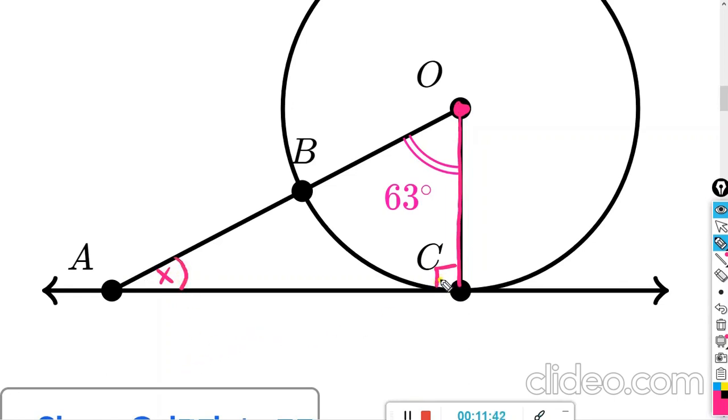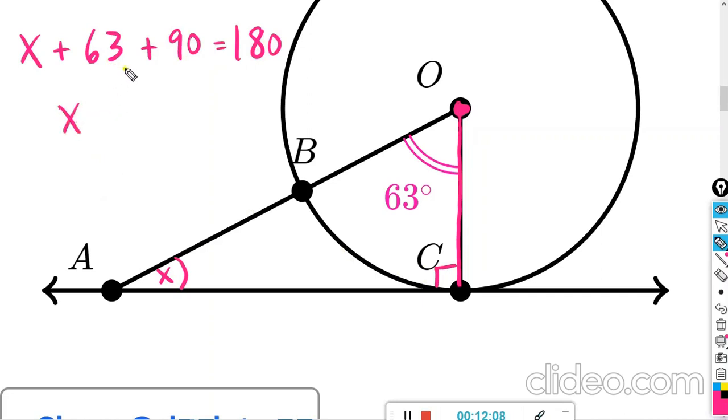And since we have the two angles here, we can solve for X. We know the sum of the interior angles of a triangle is 180. So we have X plus 63 plus 90, and that equals 180.